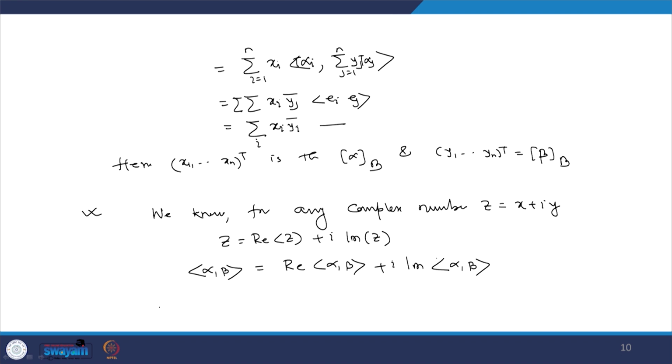But the imaginary part of z can also be written as the real part of minus iz, because we are looking at the imaginary part of z, which is y, and y can be written as the real part of minus iz.